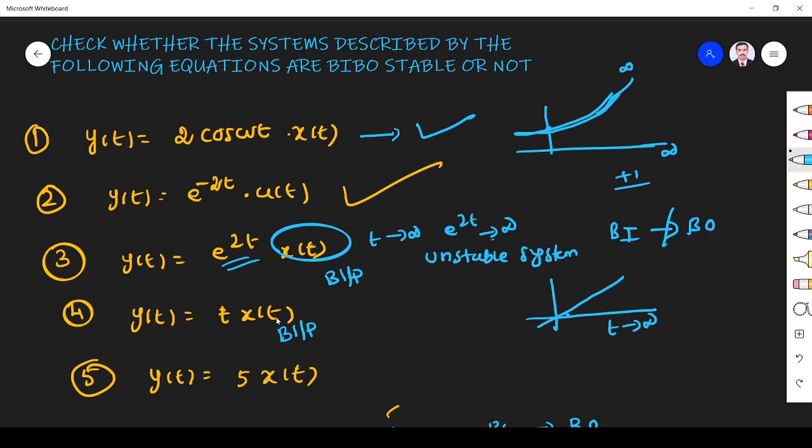The input may be bounded, but at t equal to infinity, when you multiply both, what you get is infinity. That is an unbounded signal. So y of t will be unbounded when t tends to infinity. So bounded input produces unbounded output. So it is an unstable system. This is also an unstable system. Are you understanding the logic?